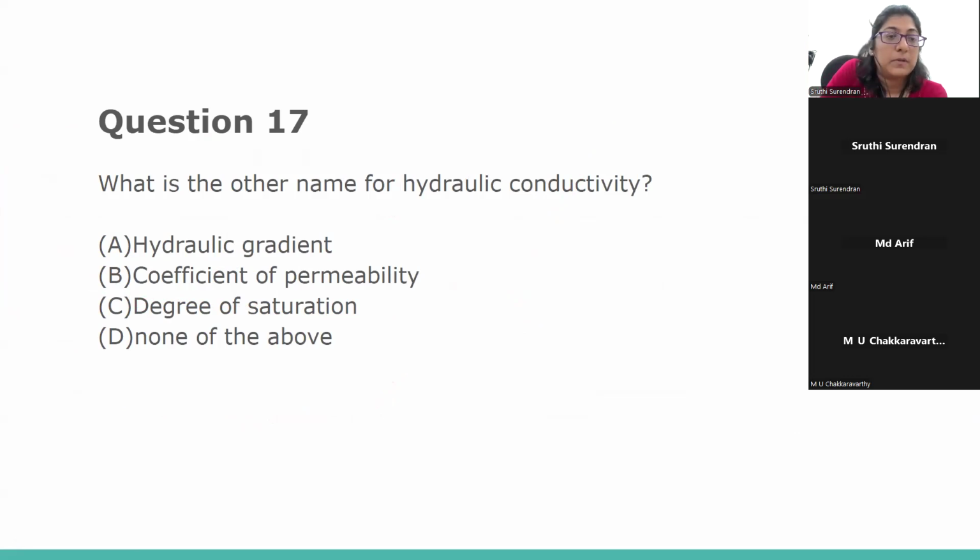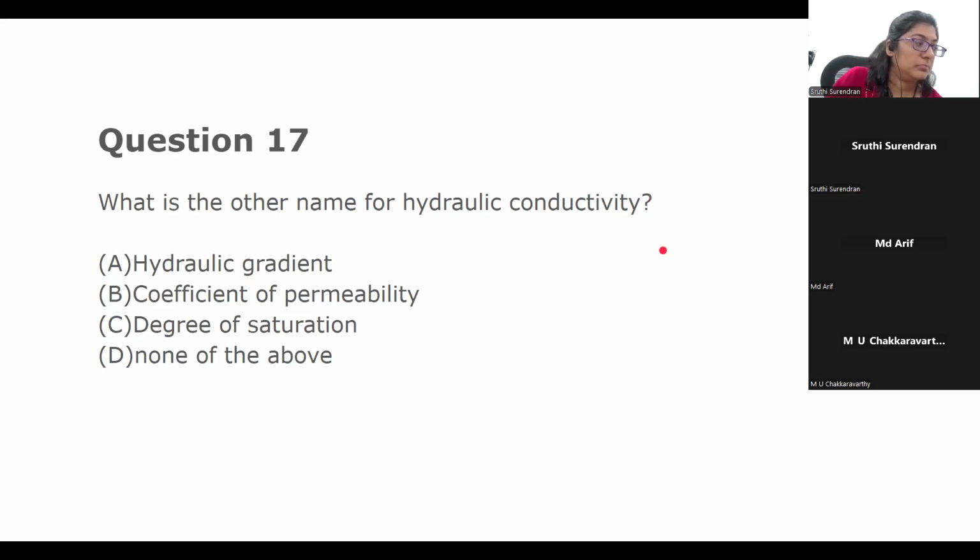Is it hydraulic gradient, coefficient of permeability, degree of saturation, or none of these terms corresponds to hydraulic conductivity? So the correct option is option B.